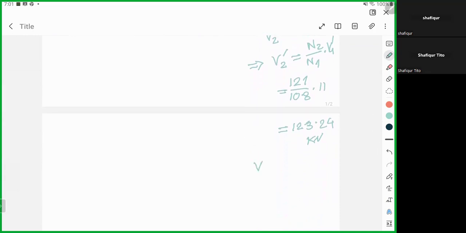So V2 prime would be equal to N2 divided by N1 times V1 prime.